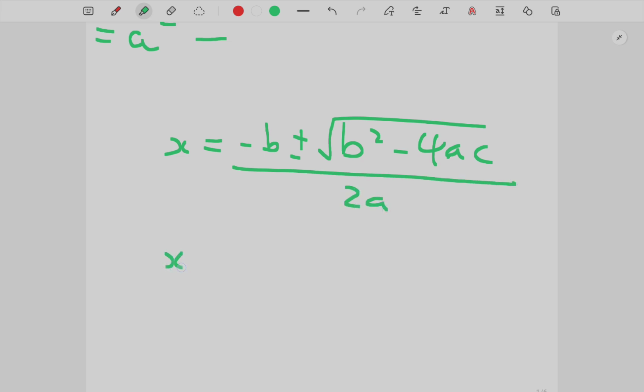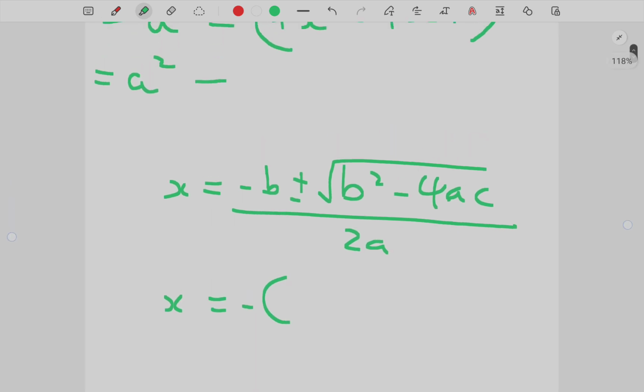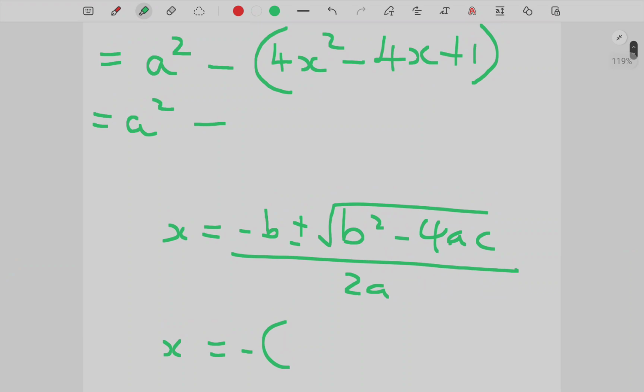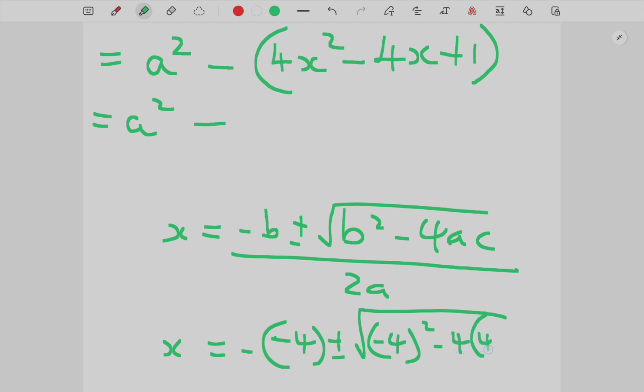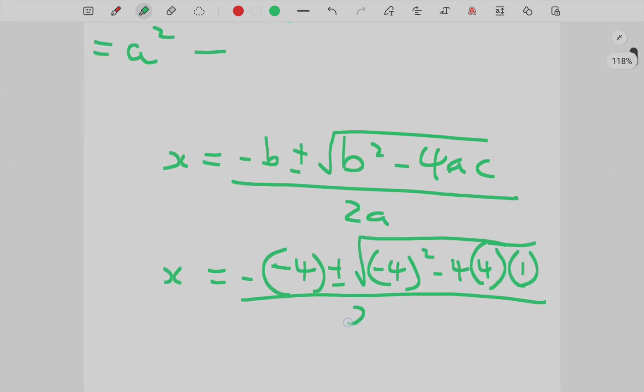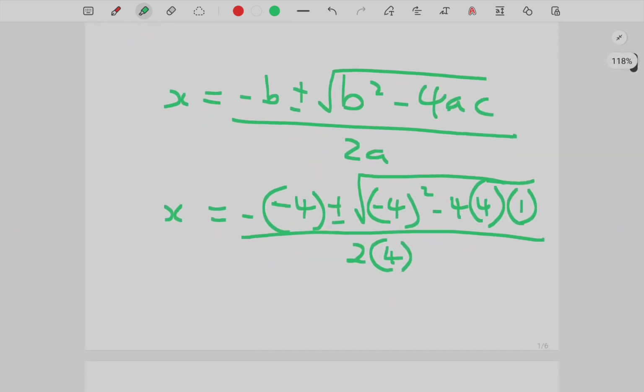Then you substitute: x is equal to minus, then b is minus 4, so minus minus 4, plus or minus the square root of minus 4 all squared minus 4, a is 4 and c is positive 1, all over 2a, which is 2 times 4.